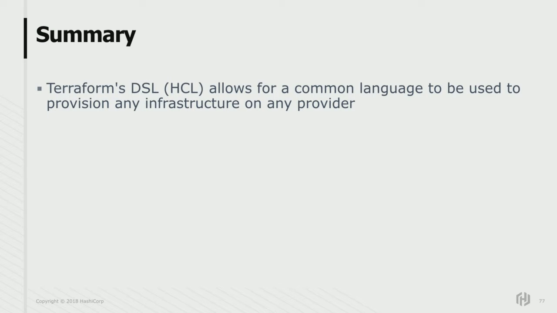So just to summarize, Terraform's DSL, the HashiCorp Configuration Language, allows you to provision any infrastructure on any provider using a common language. Terraform plan shows you exactly what it's going to do, and then you can apply that with Terraform apply, which gives you confidence in what it's actually going to do.